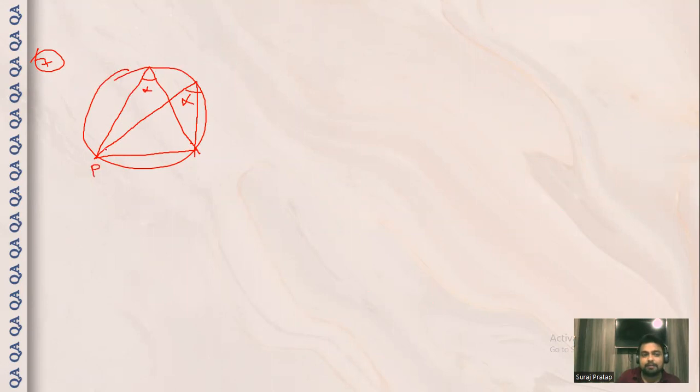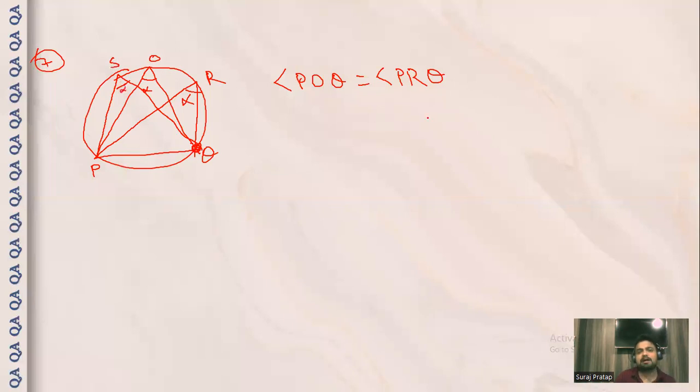So by that I mean, if this is P, Q and R, angle POQ will be equal to angle PRQ. Anywhere if you are drawing an angle, let's say this is PSQ, it will also be alpha. But the angle should be made by the same chord, PQ chord. Okay? Right?